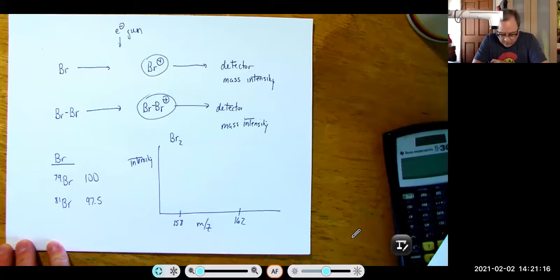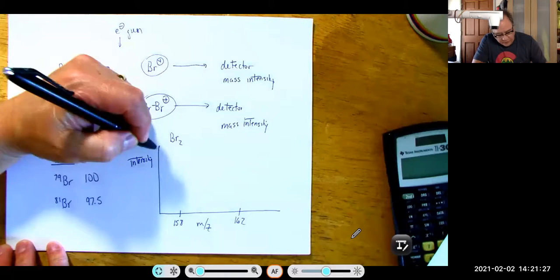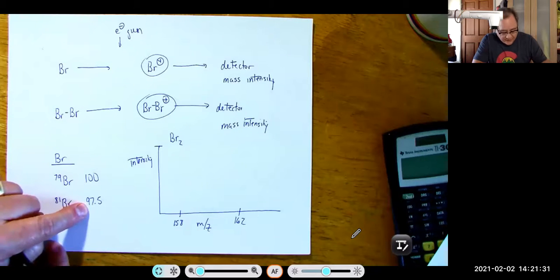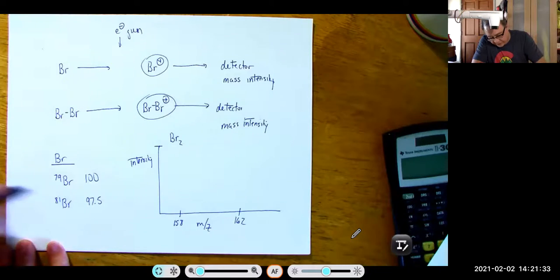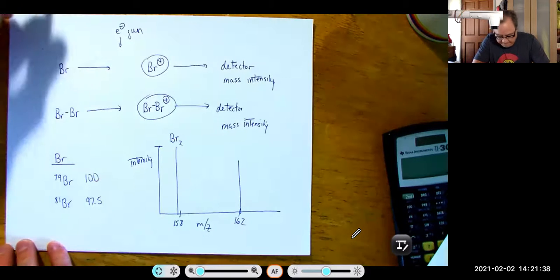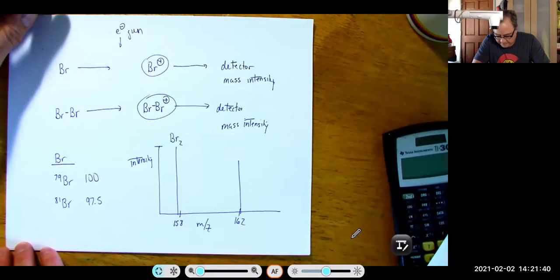What do you think, Charlotte? Will the 158 be larger? Yeah. Why? Because the intensity is 100. Yeah, when you have 2 100s compared to 2 97.5s, this should be taller. So we're going to do that and we'll make that one shorter. Does that look good? Mm-hmm. Yeah.